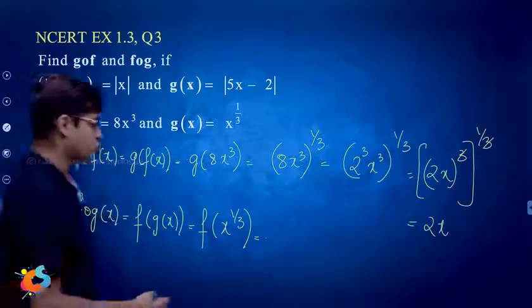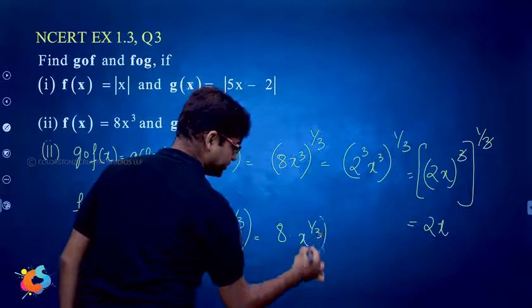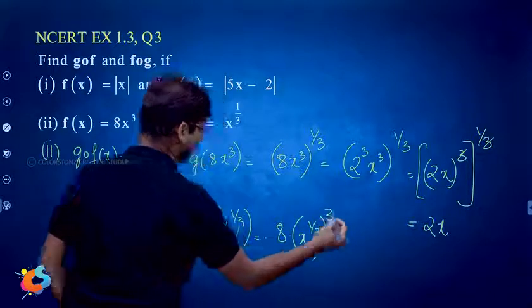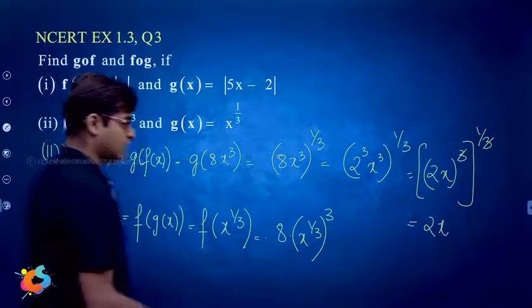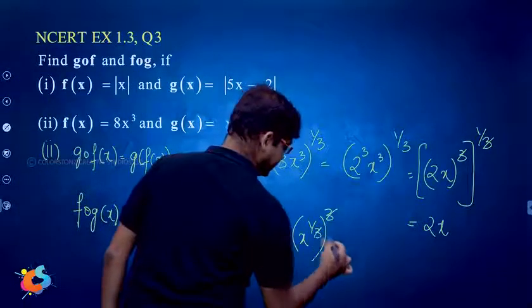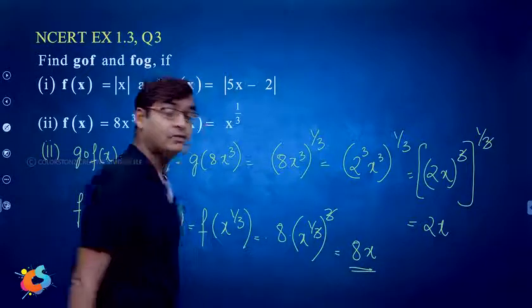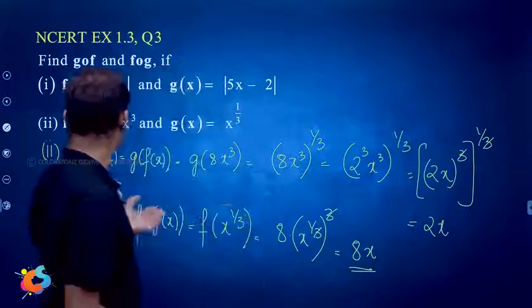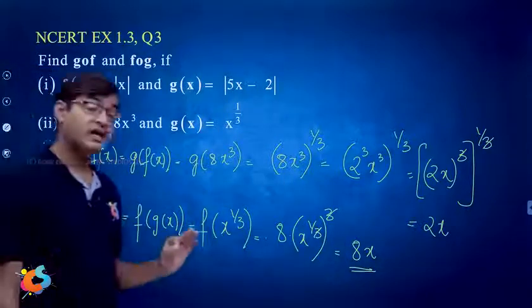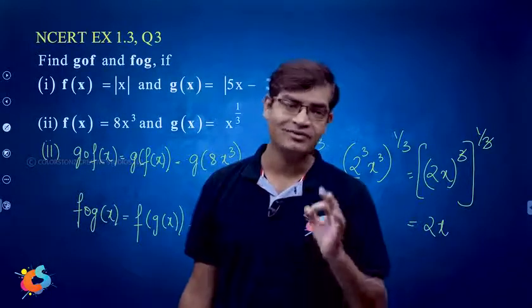So 8 times x power 1 by 3 has come in place of x, and the cube is there here also. So this 3 and this 3 get cancelled. So we have this equal to 8x. So we have found out in the second question also what f circle g of x and g circle f of x are.